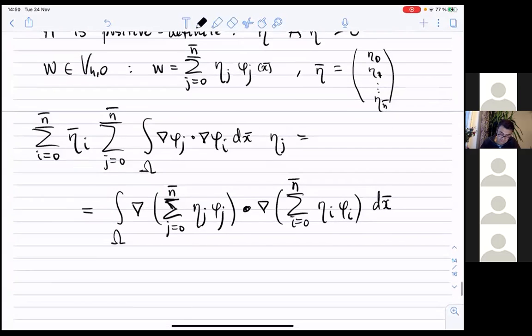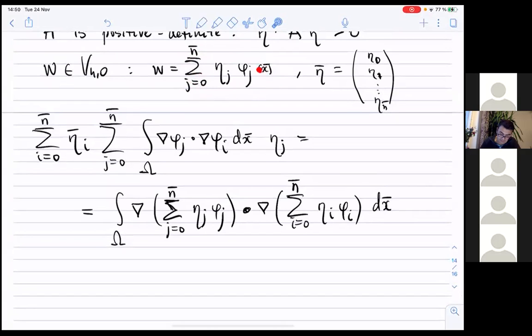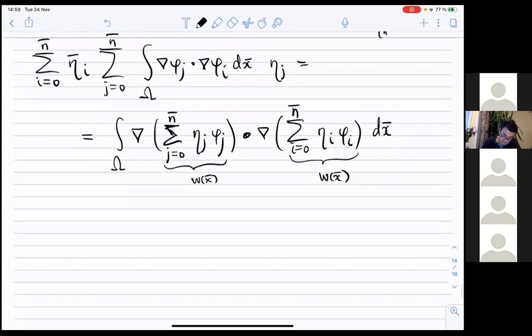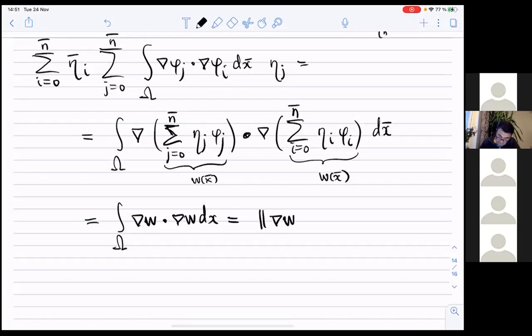Like we did before, this object is actually our function w, so the whole object is w of x, and this object is also w of x. Then we get the integral of gradient w times gradient w dx, which is the L2 norm of the gradient of w.